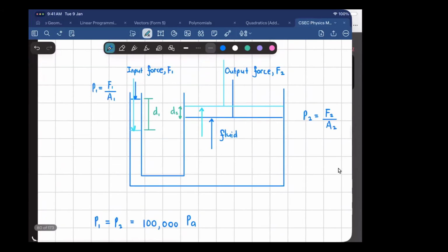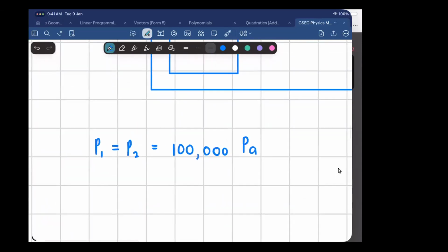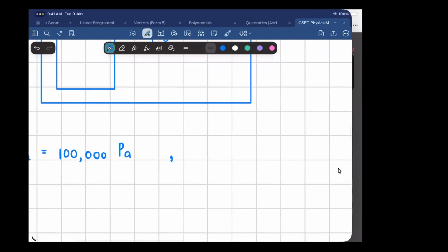What do you want the cross-sectional area for A1 to be? Give me an area. Any area number, not too big though, keep it between 1 and 20.